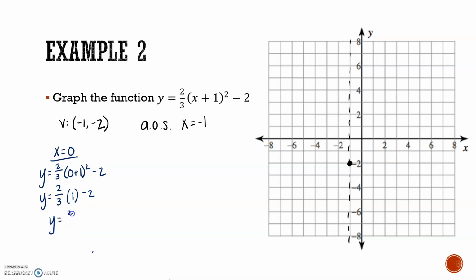This would give me 2/3 minus 2, but if I want to put that over 3, I would do minus 6/3. 6/3 is the same as 2, so this would give me y equals -4/3. So I'm going to have (0, -4/3). That's about here, past -1, but not to -2.